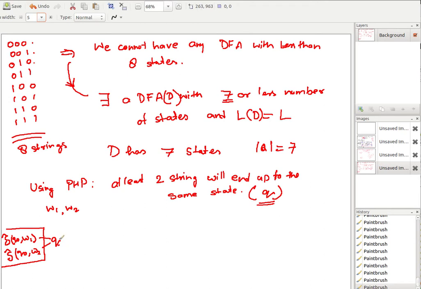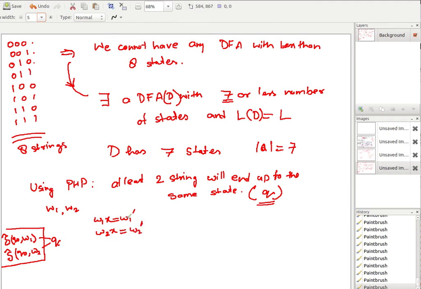Now after this, let's say I append some string x to it. What will happen to W1? W1 I am appending with another string x, so it becomes W1 dash, and the same I am doing for W2x, so that becomes W2 dash.